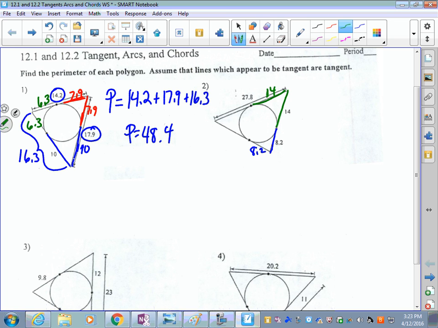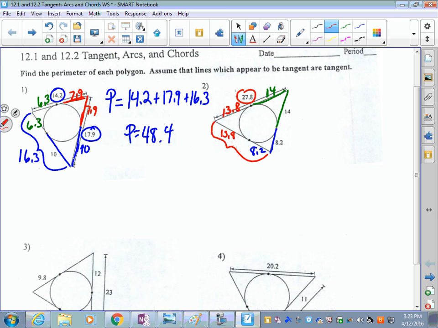If I know this tangent is 14, I'm going to put 14 for that tangent. Could we find the remaining piece? 13.8. There we go. We have that remaining piece. So that lets me know that's 13.8 as well. So now I already know the sum of this side. I can find the sum of the bottom side or the left side.